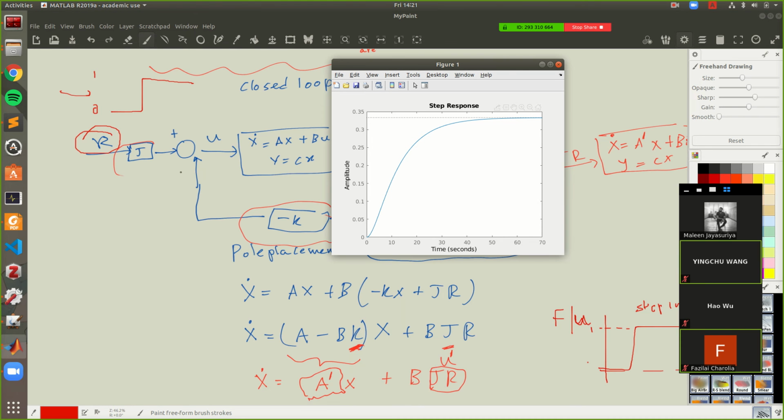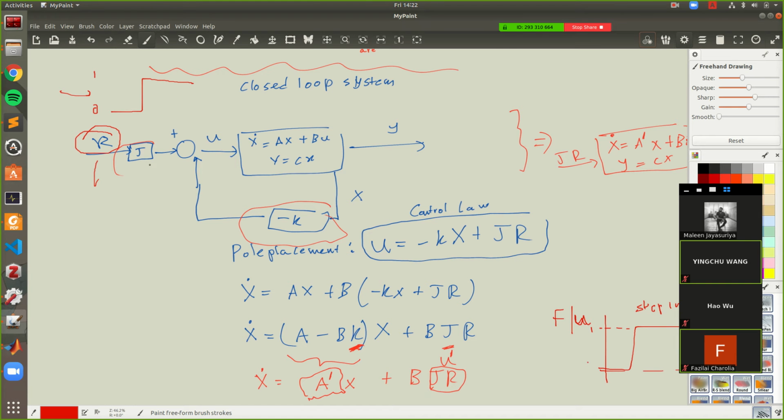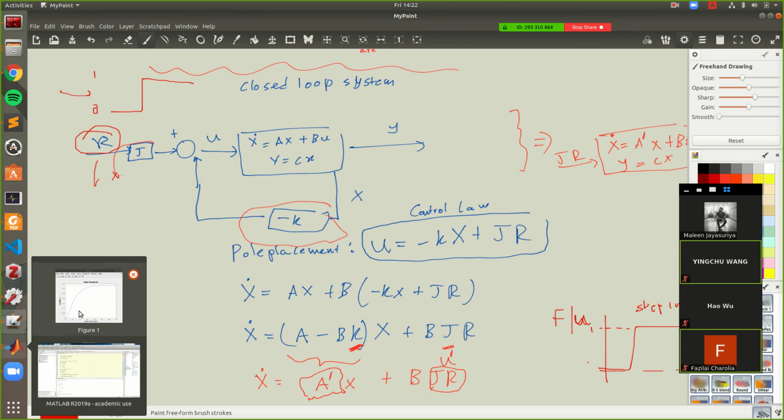That's where we need to scale our input. So that's where this J comes in. When we are giving this input, for example, if we want it to stop at 1, but it's stopping at 0.35, then 1 has to be multiplied by another value to increase it, so that this will actually stop where we want it to.